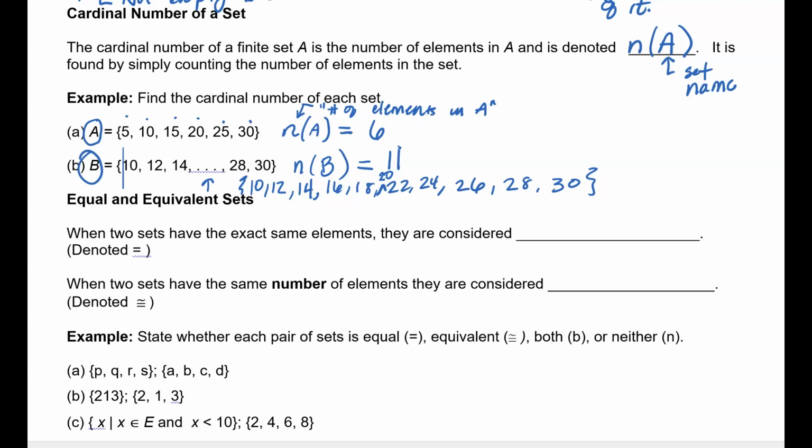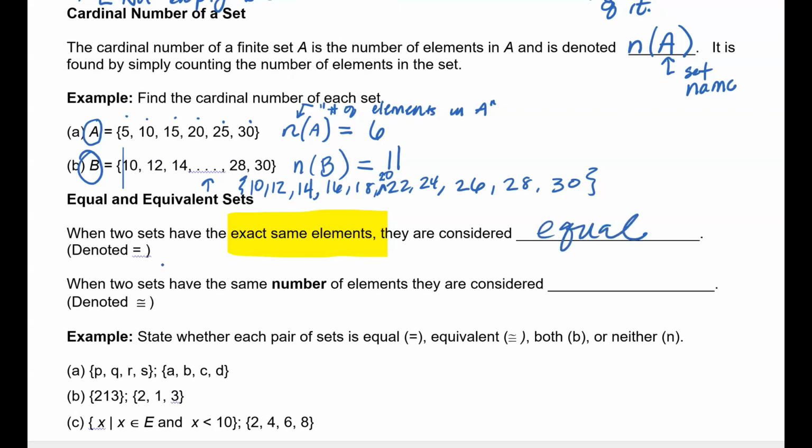Another thing we like to do with sets: we can count the elements, and we can talk about whether or not sets are equal or equivalent. Those two words mean different things. When two sets have the exact same elements, that's important, so I'm going to highlight it, exact same elements, we consider them equal.